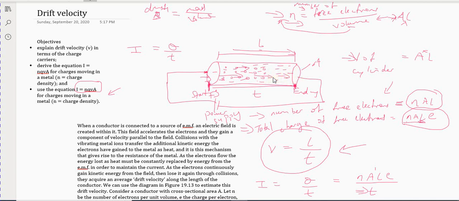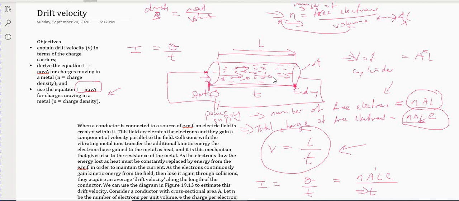Now, whenever we know the distance that a moving object travels and the time that it takes, we can now put together those quantities and we can get what we call the speed of the electron, or in some cases we can say the drift velocity of the electron.